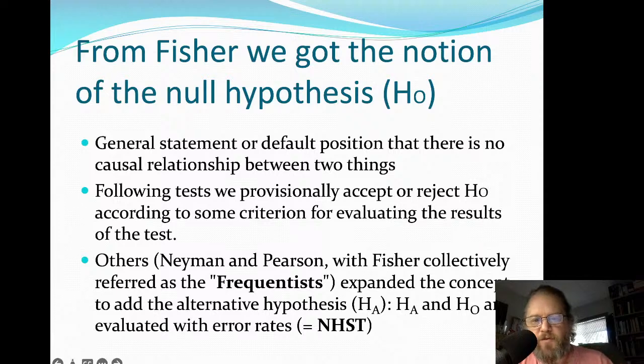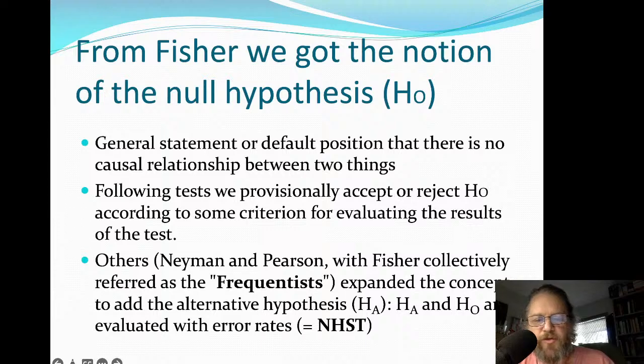All right, so what's evolved since Fisher developed the idea of the null hypothesis is a combination of things that are basically called the frequentist approach, or the null hypothesis significance testing approach.